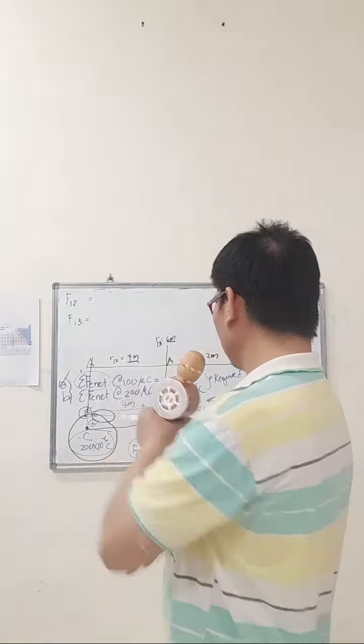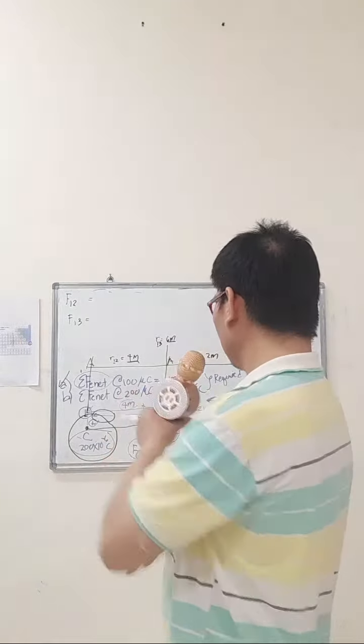F12 is equal to K, the Coulomb's law constant, times Q1 Q2 over R12 raised to the power 2. Then substitute values: K is 8.99 times 10 to the 9. What is your Q1? It's 200 times 10 to the negative 6.